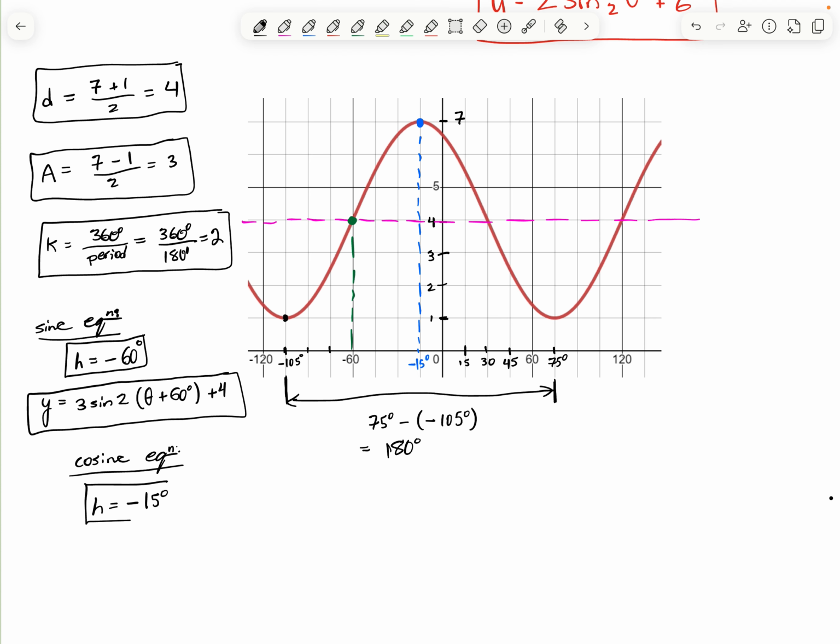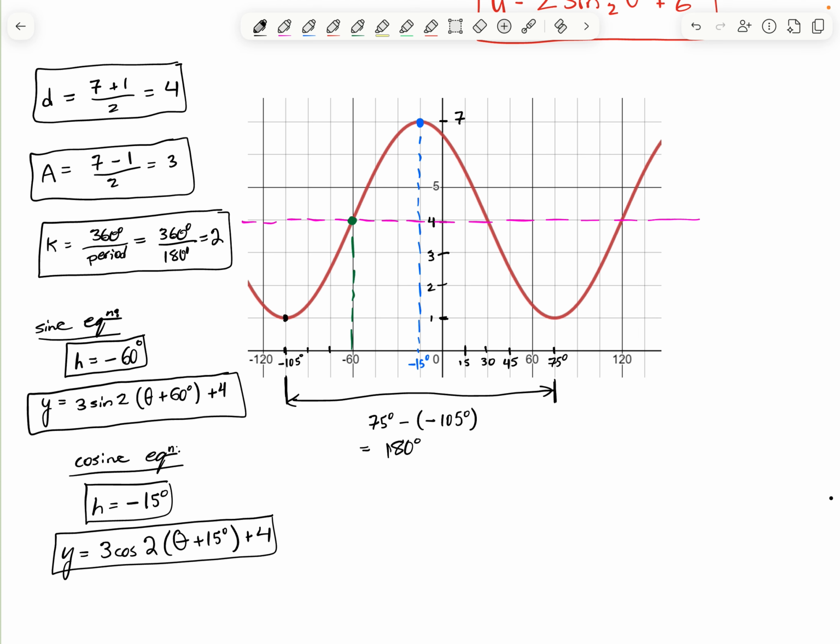And therefore the actual function would have to be y equals 3 sine 2, and then theta, and it's minus h, so it's going to be plus 15 degrees plus 4. Sorry, this would not be sine, this would be cosine, cos 2. So that would be the cosine equation right there.